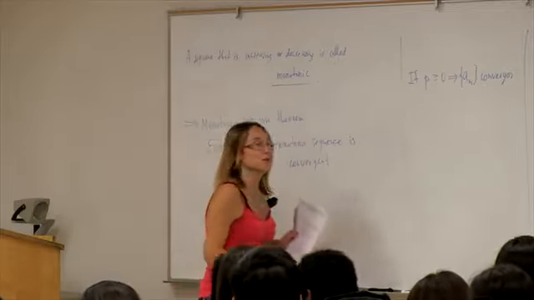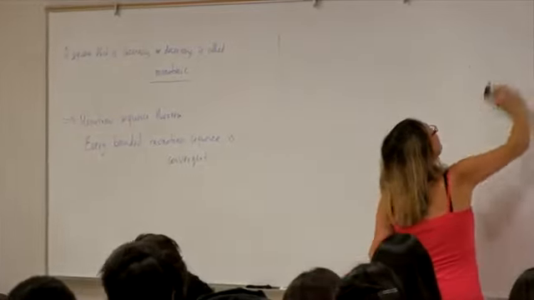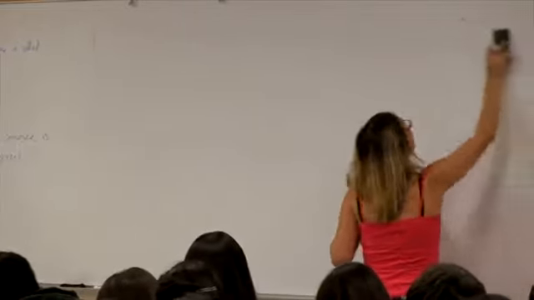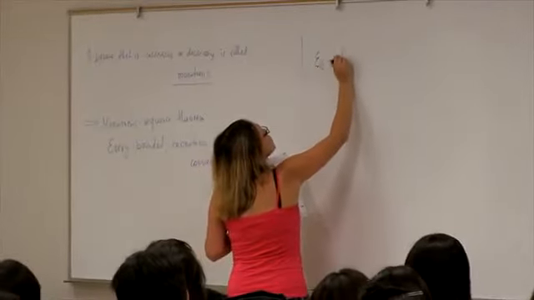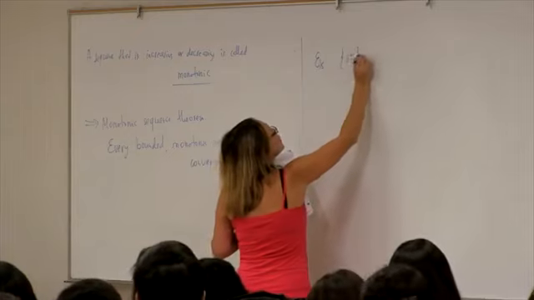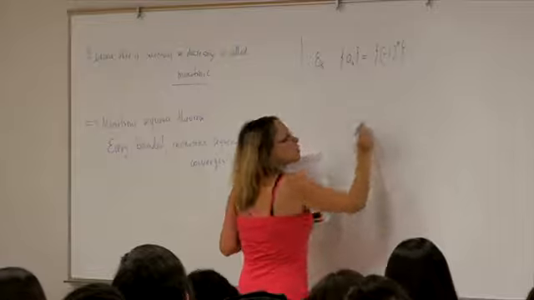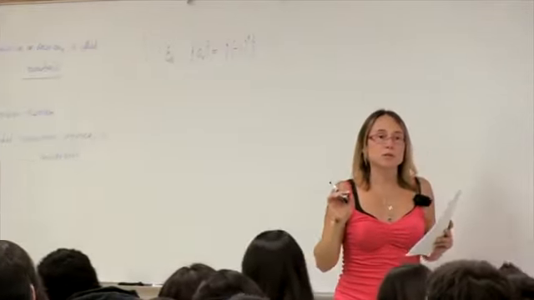Okay. So let me show you some examples really quickly. So let's suppose that an is given by minus 1 to the n. I want to ask you, is it monotonic and is it bounded?